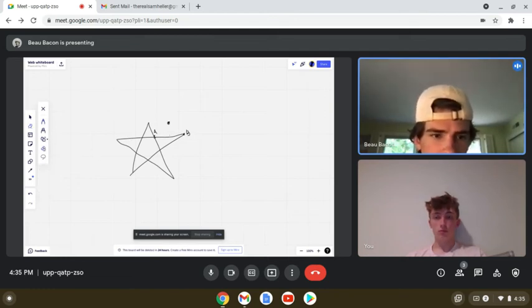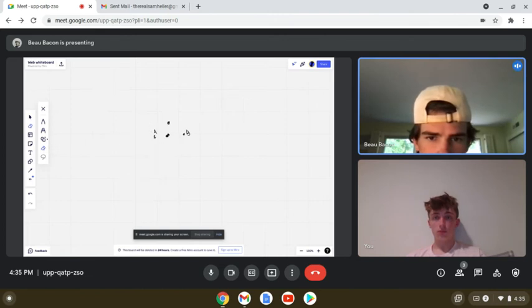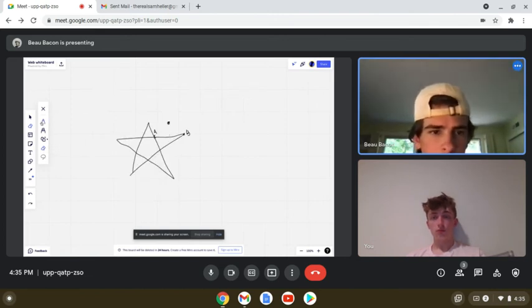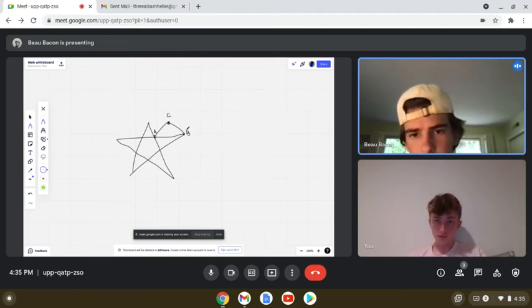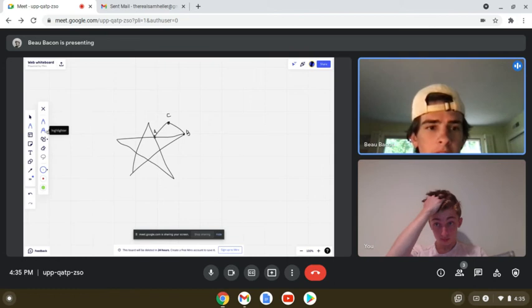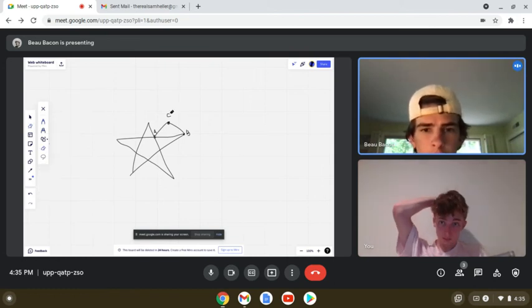I don't know if it's going to let me erase without erasing the whole thing, but imagine the line connecting A and B is removed and will disappear completely in this scenario. But we can always go from A to this point C and from C back to B. And then we can always go back to just AB.